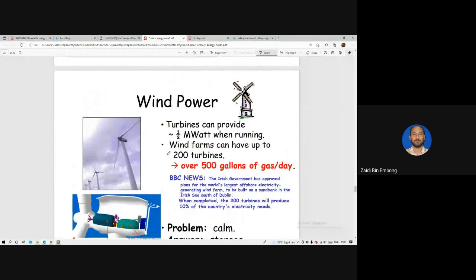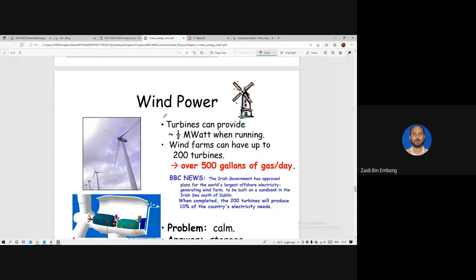Wind power. In Malaysia, it is very hard for you to find wind power. But some people make a wind power, but wind power only for what? Only for replicas, something like that. But if you go to Holland, the Netherlands, or maybe the UK, most of the European countries, in Holland, in Sweden, in Norway, they use wind power systems.